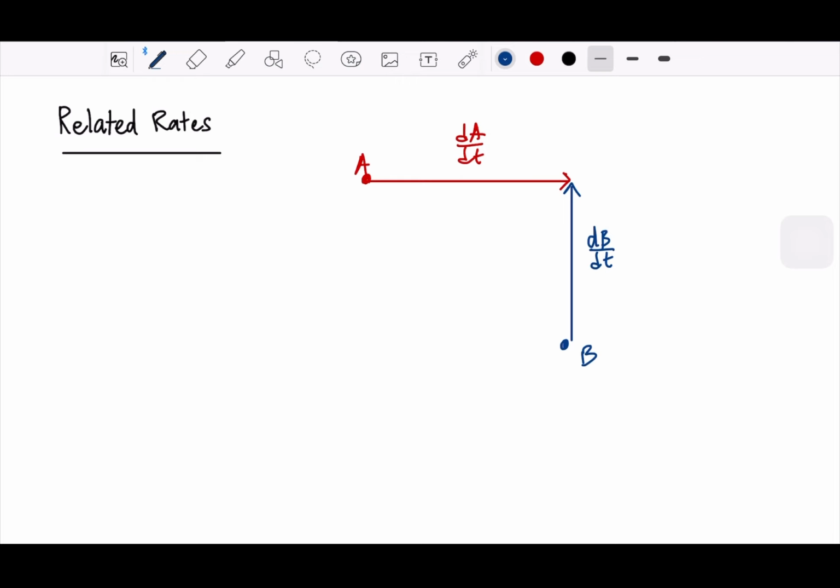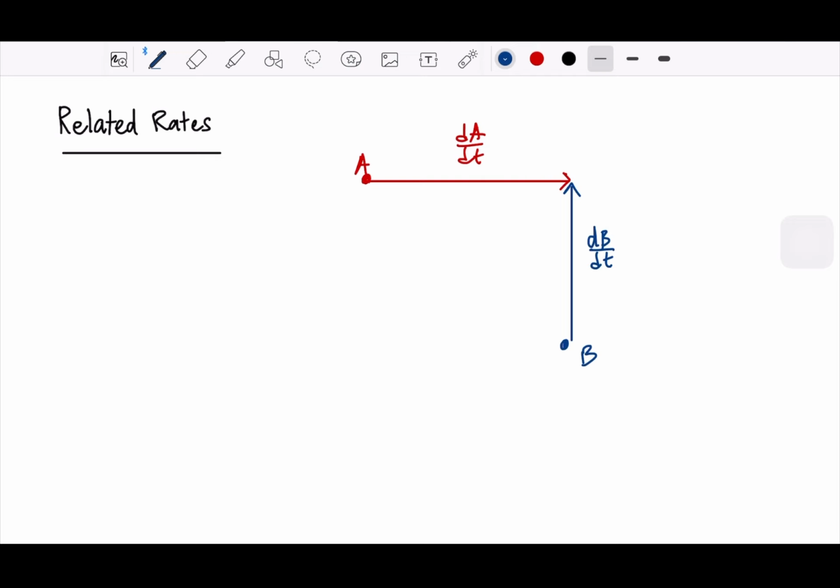One way to get through is to imagine a triangle, and when A moves, the distance is getting closer to this point. B's distance is also getting closer. But what kind of formulation can we get for A and B?